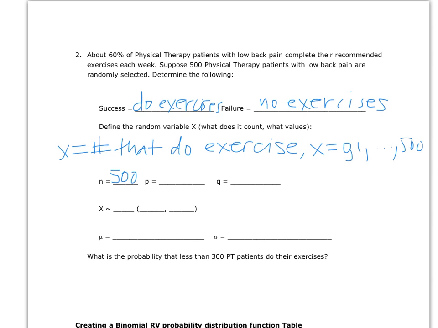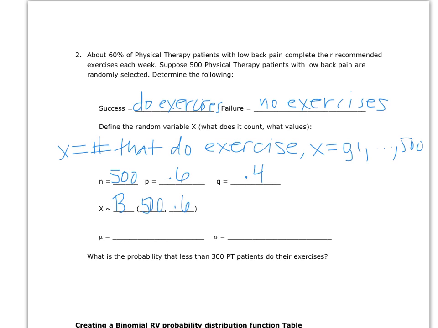All right, we can think of each one of those as a trial. So n is 500. And the probability of success if they do their exercises is 0.6. And so that means the probability of failure, q, is 0.4. Okay, so if we write down this random variable, it's binomial, n is 500 and p is 0.6.